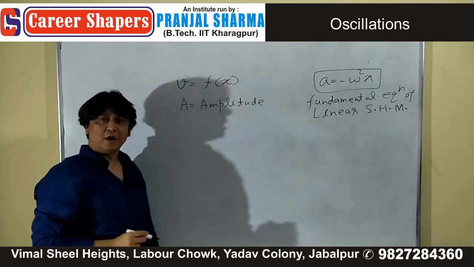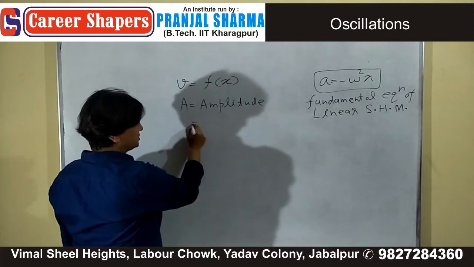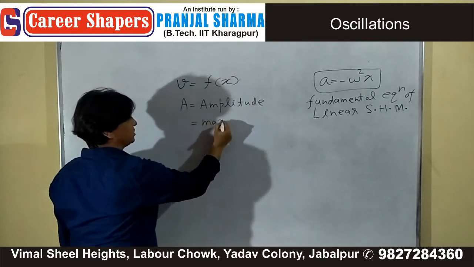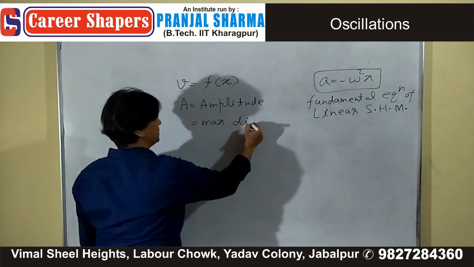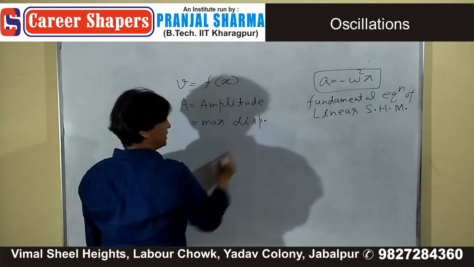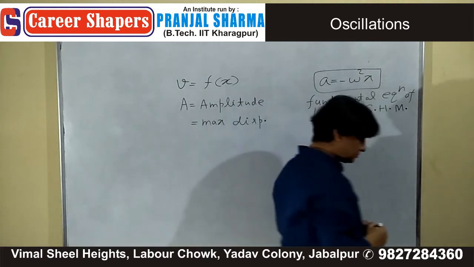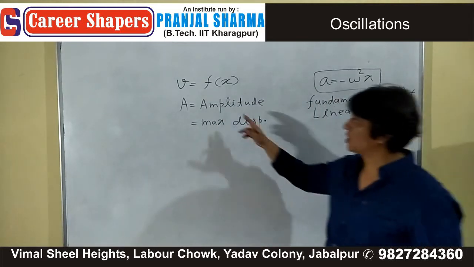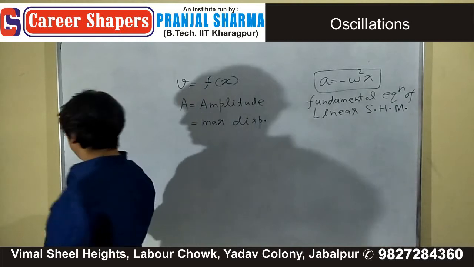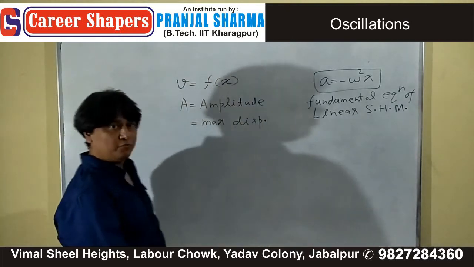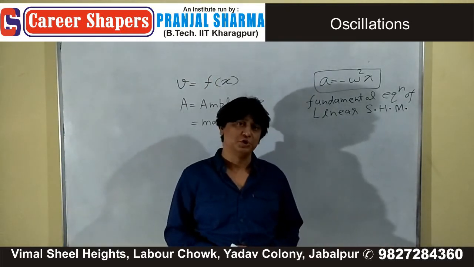What is amplitude? Amplitude is the maximum displacement from the mean position. Write down, capital A is called amplitude, which is maximum displacement from the mean position.